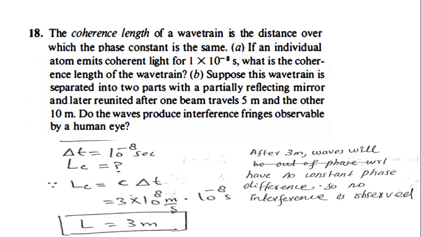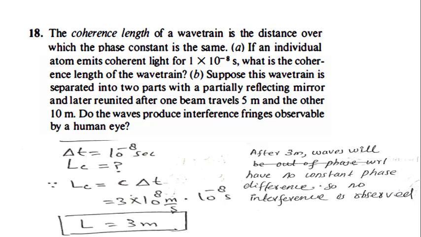Next is problem number 18. The coherence length of a wave train is the distance over which the phase constant is the same. We discussed this in our first lecture of this series. So if an individual atom emits coherent light for this time, which is given, what is the coherence length of the wave train?